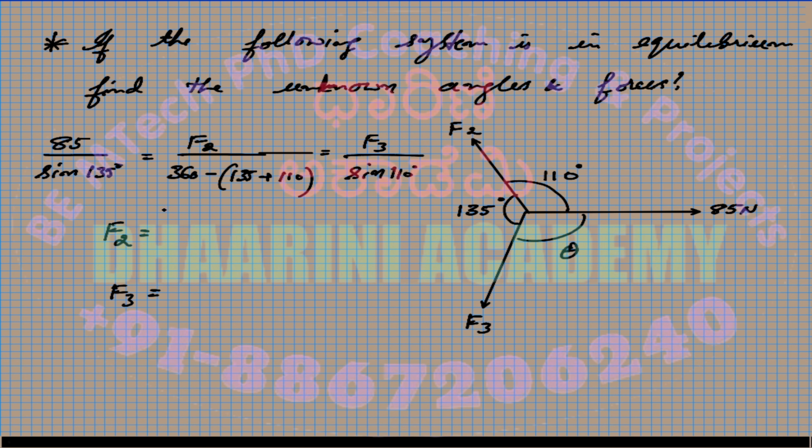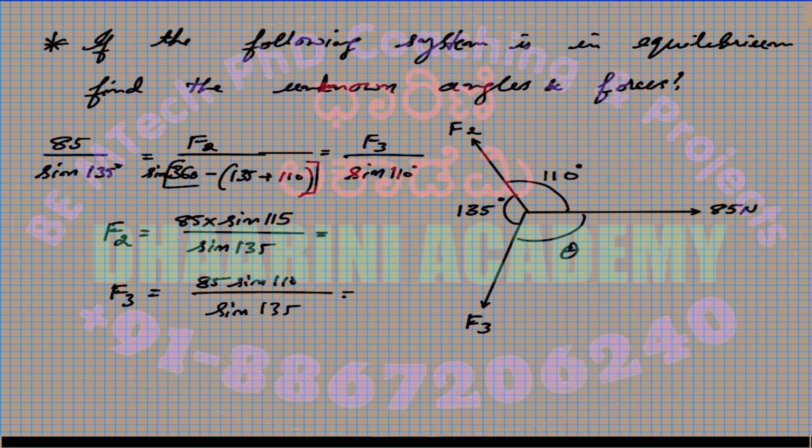So F2, if you want to calculate, this is 85 into, there is a sine missing, please add sine here. This is sine of 360 minus this, so sine of 115. So 85 sine 115 divided by sine of 135. Similarly, F3 is equal to 85 sine of 110 divided by sine of 135.